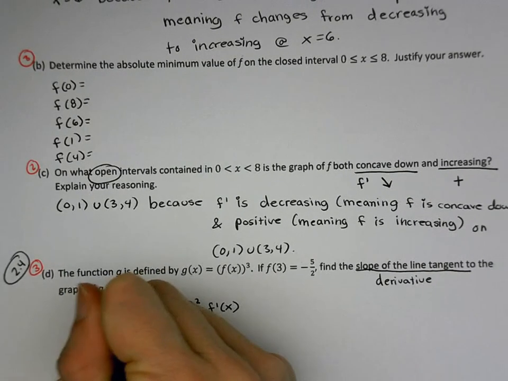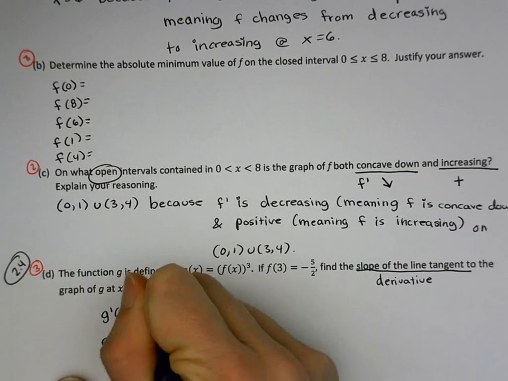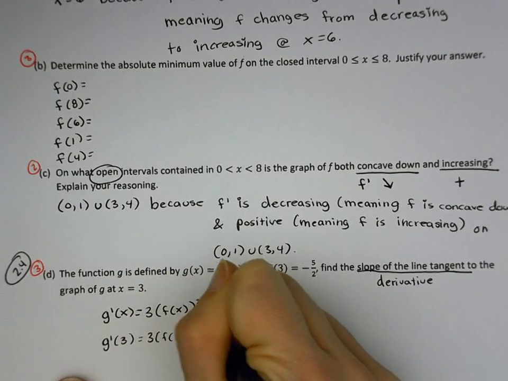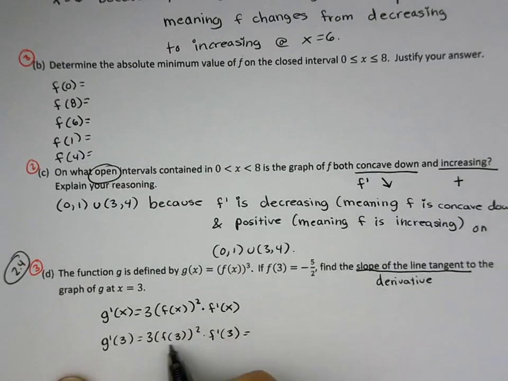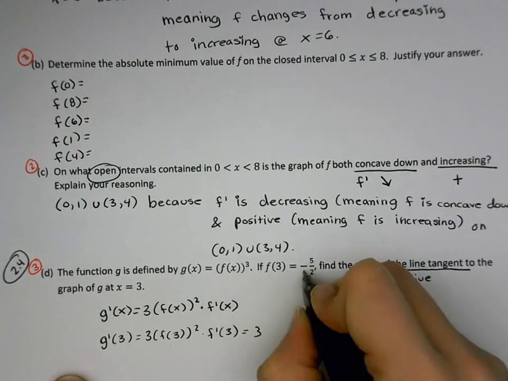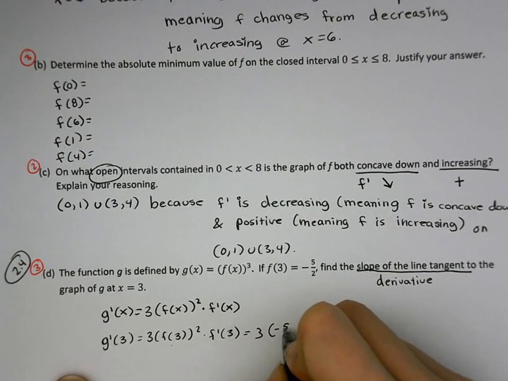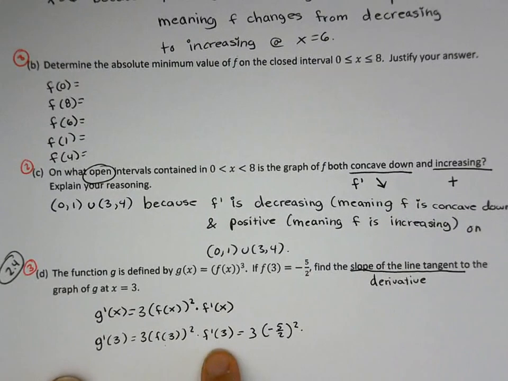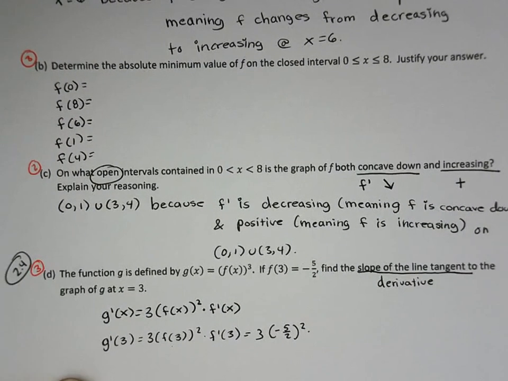Plugging in 3 then, we have 3 times f of 3 times f prime of 3. Well, f of 3 is negative 5/2 times f prime of 3. They didn't give me f prime of 3, but what did I start out with?